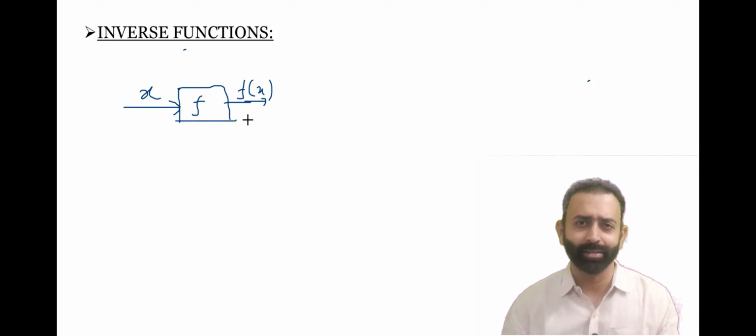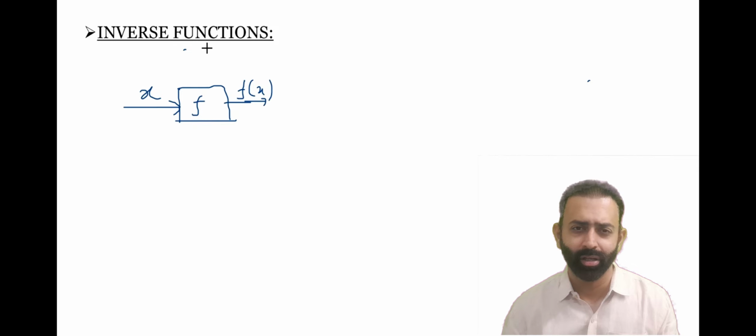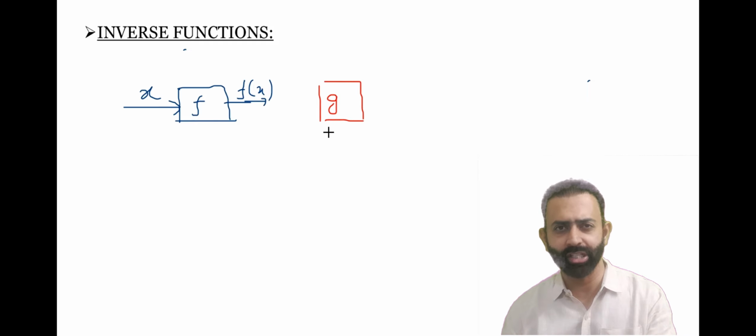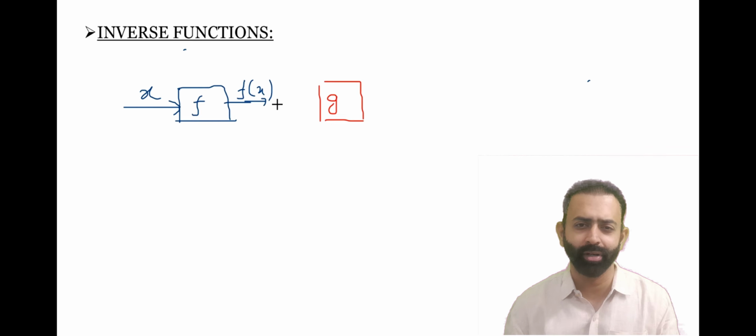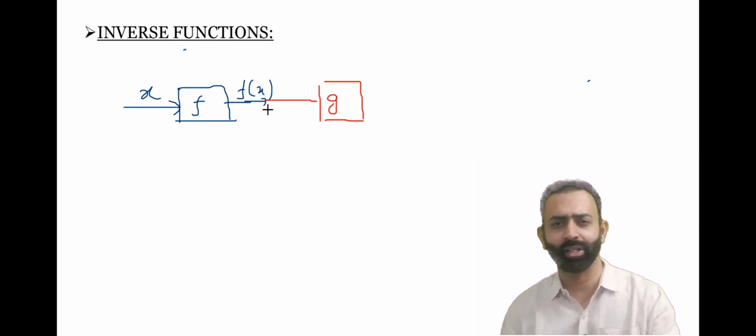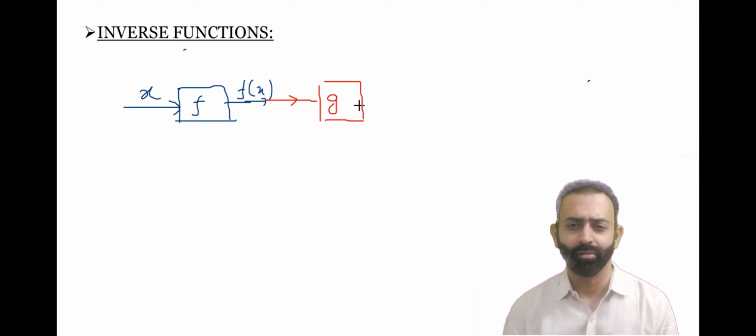Now if there exists a function denoted by, let us say, g, you consider another machine g, whose definition is of course different from this f, and what you do is you put this output of the function f(x) as the input to this machine g. So what this g machine will give you as an output, right?